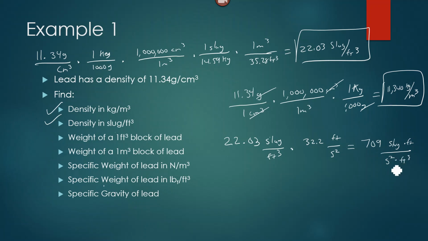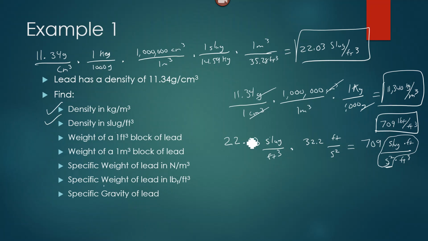Now, if we look at just this part of it, we'll notice that a slug foot per second squared is actually just a pound force. So we actually can rewrite this as 709 pound force per feet cubed. Okay, so this is our final answer. And that is the reason why we have to talk about force, because the unit here comes into play.